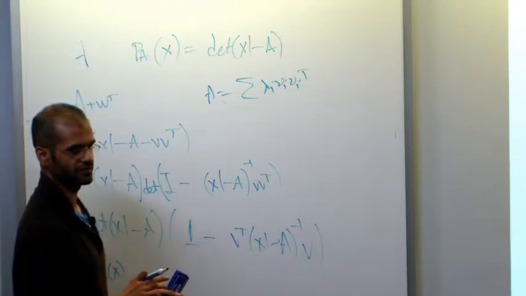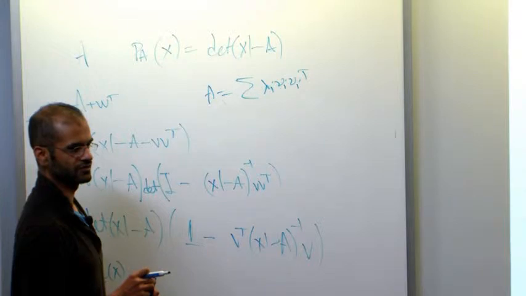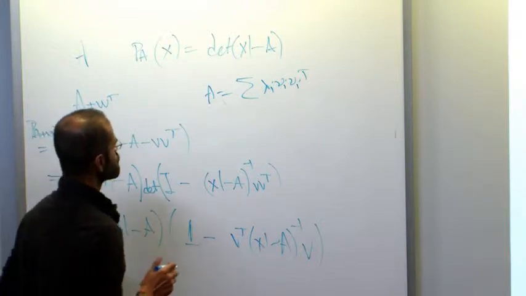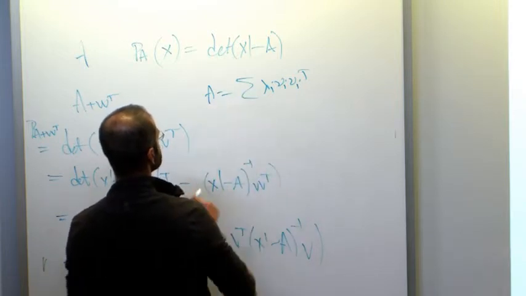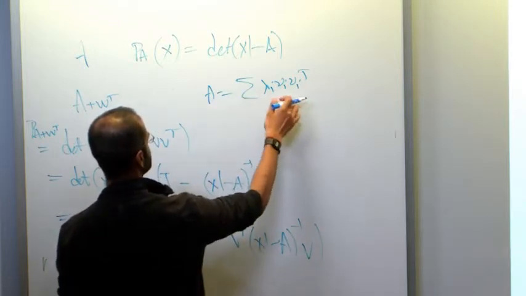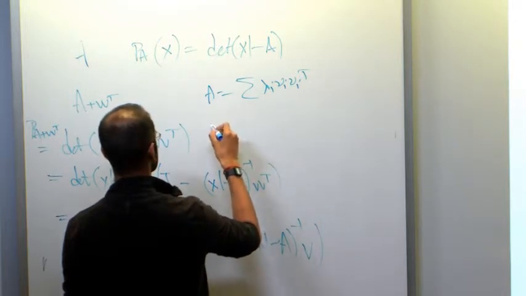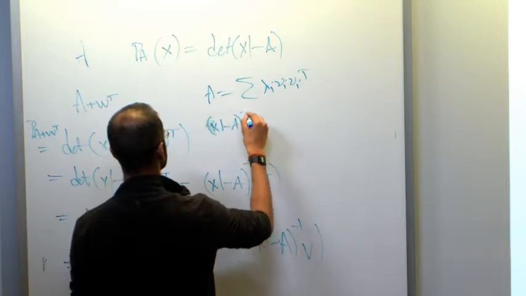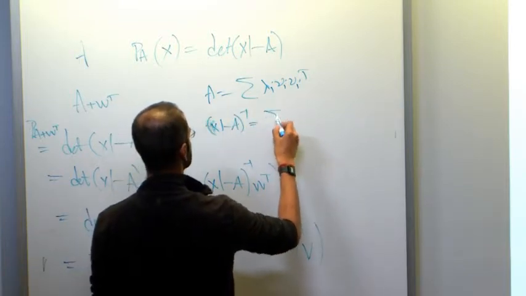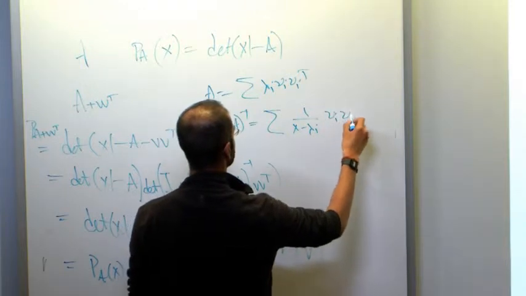This is true for any vector. So let's say you diagonalize A like this. It's a symmetric matrix. Then (xI minus A) inverse is equal to the sum of 1 over x minus lambda i times ui ui transpose.